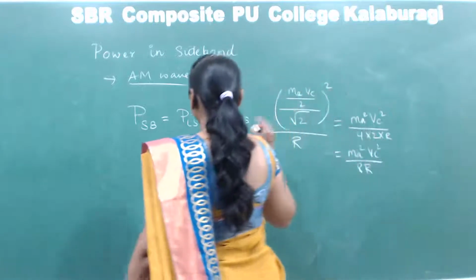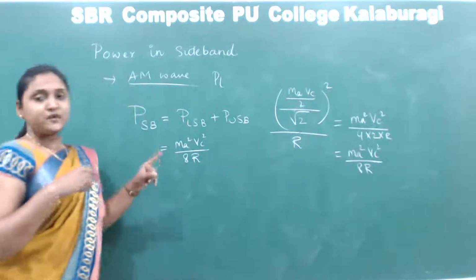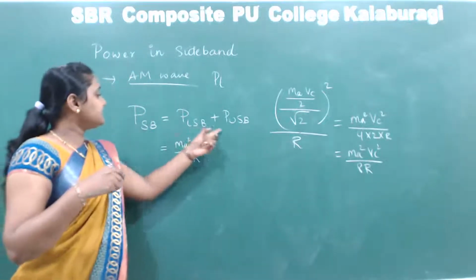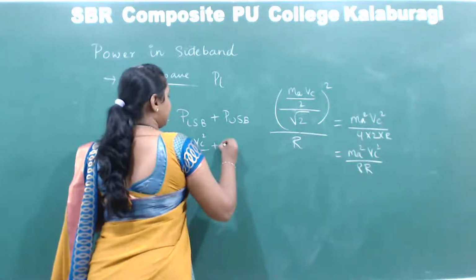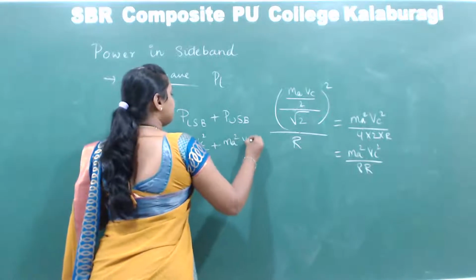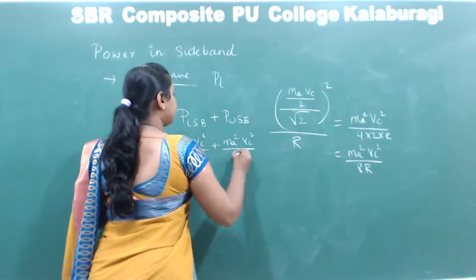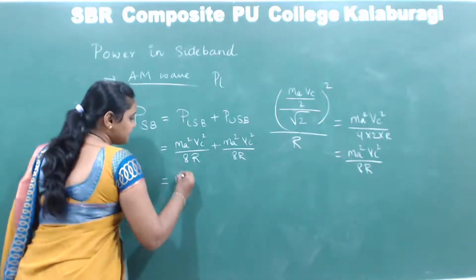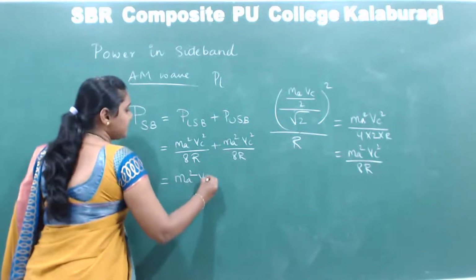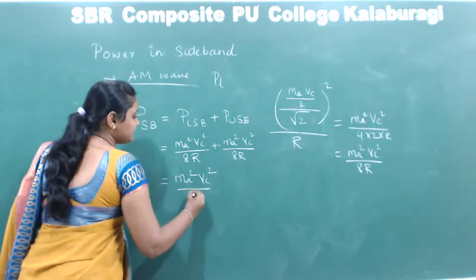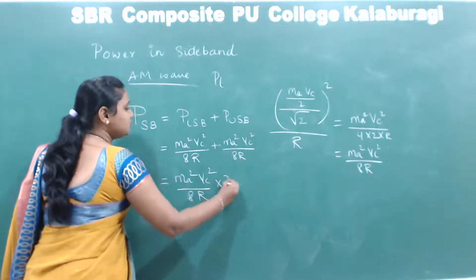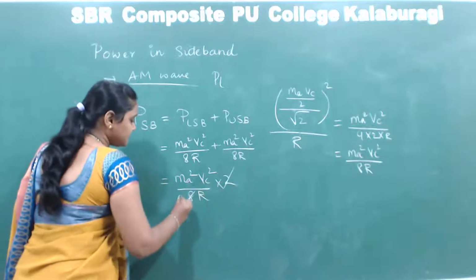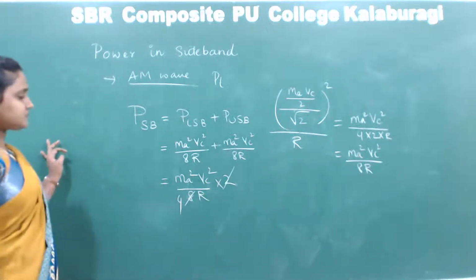This is for one sideband. This is the power in one sideband. And we will consider the same for two sidebands. MA square VC square by 8R, which is nothing but twice of it. So we can simply write it as MA square VC square by 8R into 2. Adding two times or multiplying by 2 means the same. So this is going to give you 4.